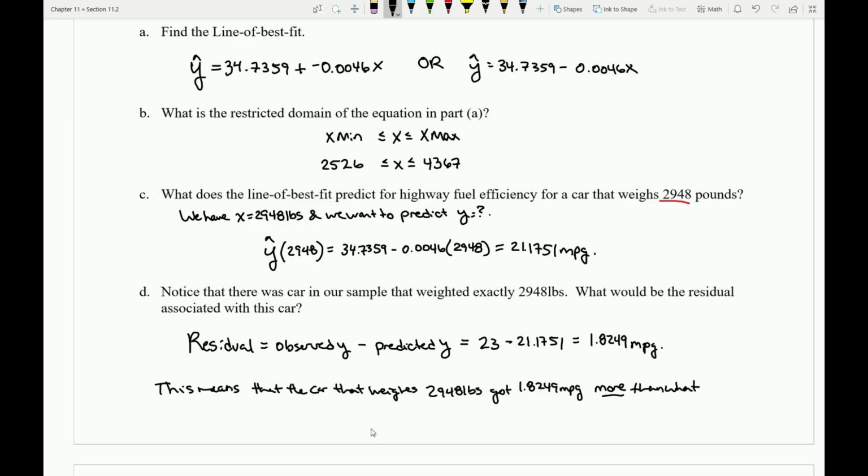Right? Just kind of telling us how far off our prediction actually was. And sometimes that's going to happen. In fact, most of the time, we're not going to always guess perfectly right, but we want to maybe be able to understand if I have an observed Y, how far off was my actual guess?